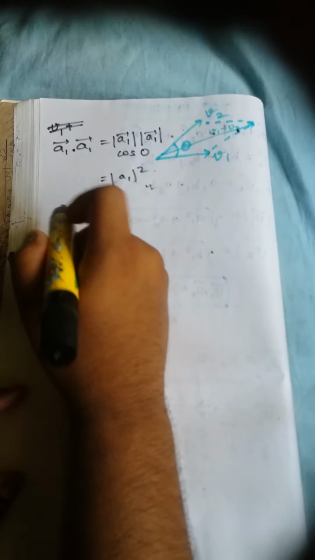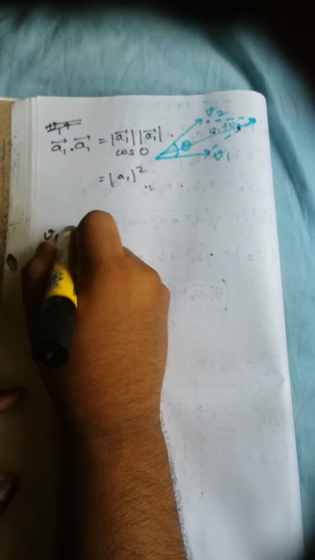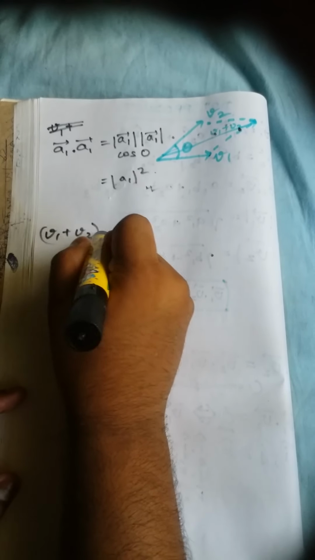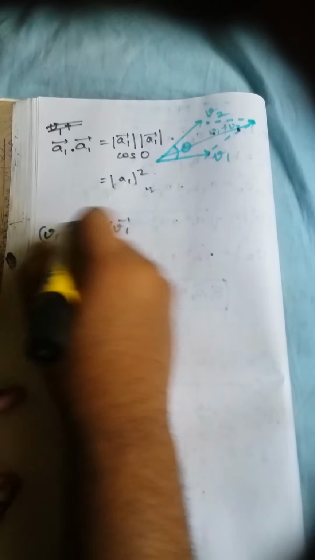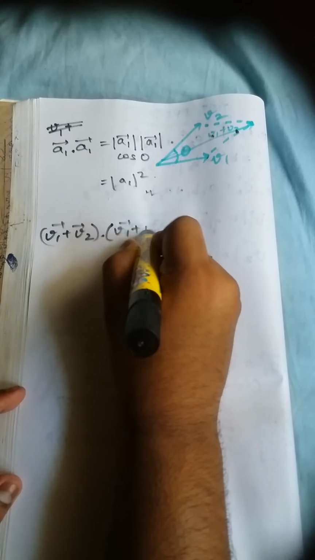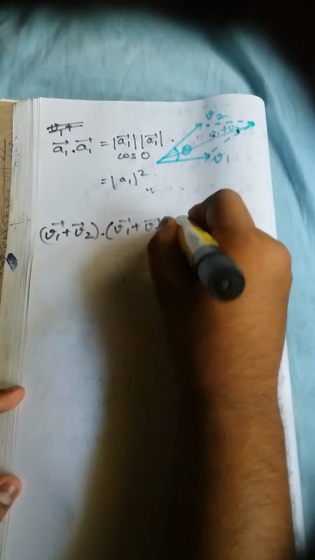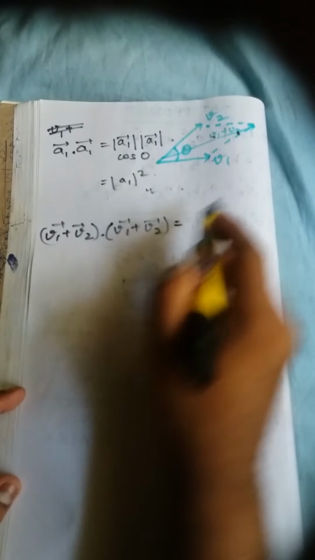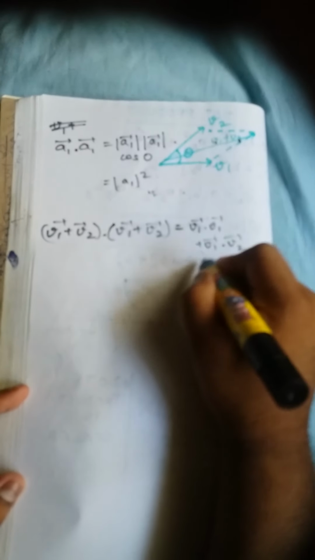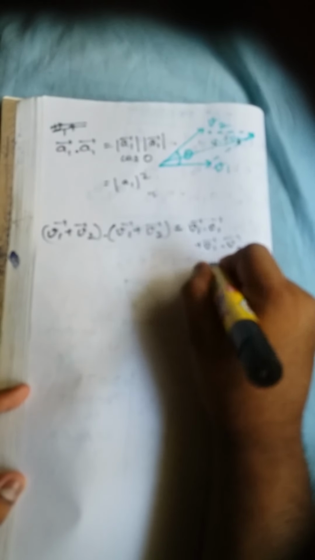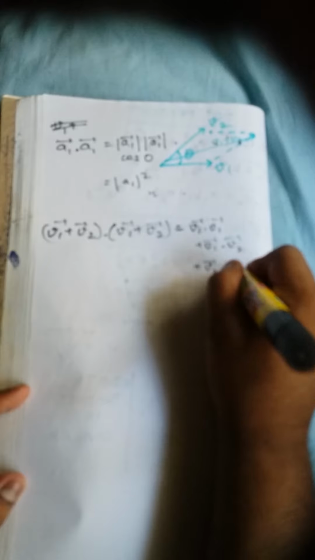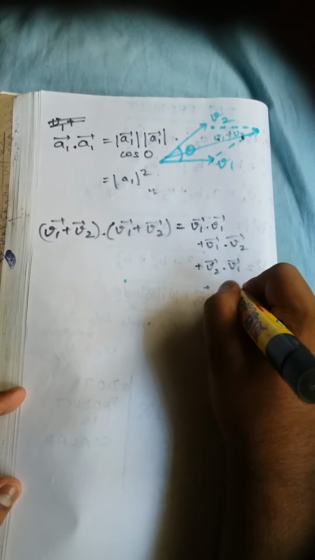So v1 plus v2 dot v1 plus v2 is equal to v1 dot v1 plus v1 dot v2 plus v2 dot v1 plus v2 dot v2.